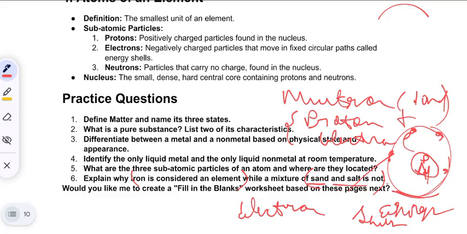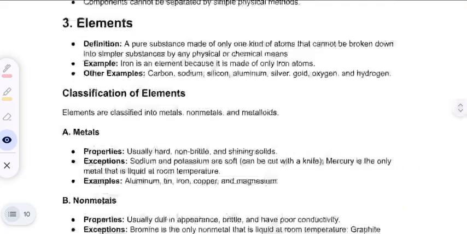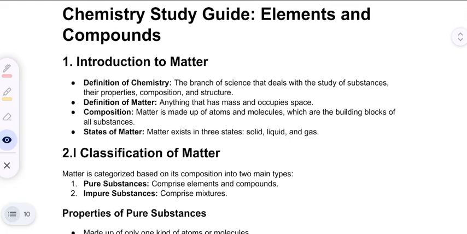So this was all about elements. I have explained everything related to elements. If you want to study compounds also, I am going to create a part 2 video in which the topic will be explained in the same way for compounds.